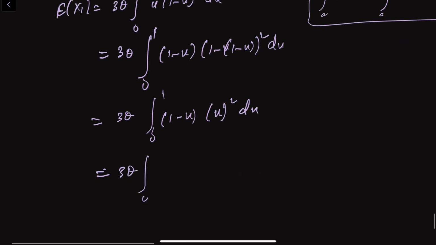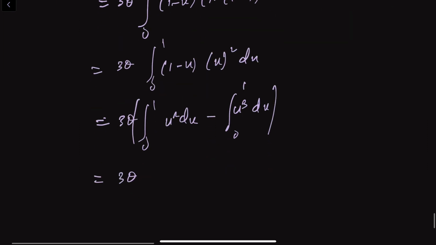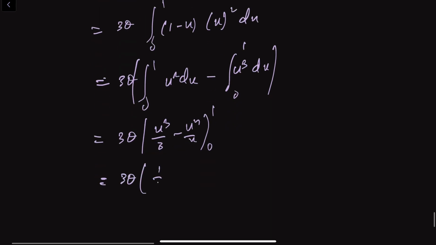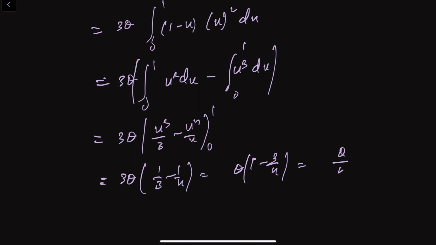So that is 3 theta times the integral from 0 to 1 of u square du minus u cube du. That is u cube by 3 minus u to the power 4 by 4 from 0 to 1, which is 3 theta into 1 by 3 minus 1 by 4, which is theta into 1 minus 3 by 4, that is theta by 4.